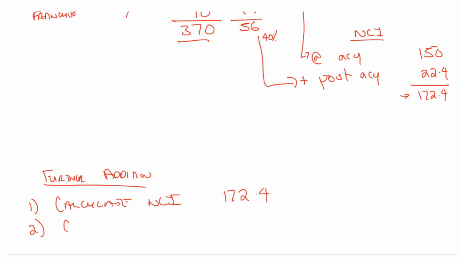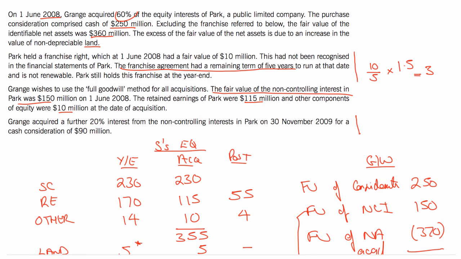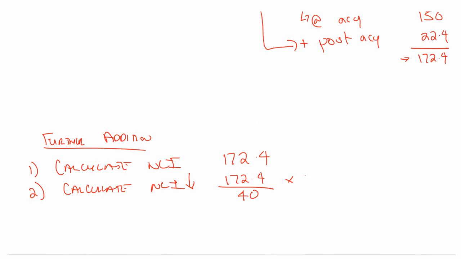Step 2, I calculate the fall in the NCI. And the way I do that is I take my original, I divide it by what that represents at the moment, which is 40, and I times it by how much the further addition is. And the further addition is 20%. So I times it by 20, and that gives me a figure of 86.2.